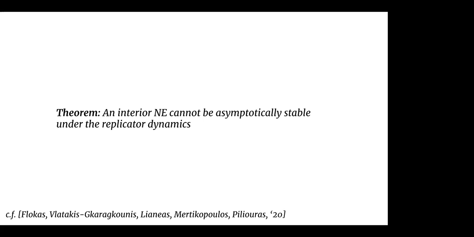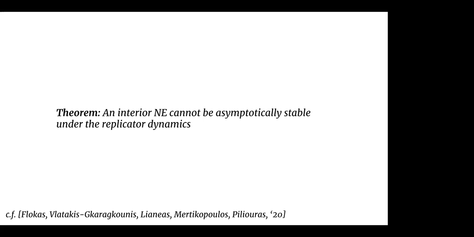Which from a design perspective, it's kind of annoying because it means that when we'd like to take convergence for granted, when we want to run our online learning algorithms, for example, on our GANs or on multi-agent learning systems, it's just not going to do it. So what do we have instead?